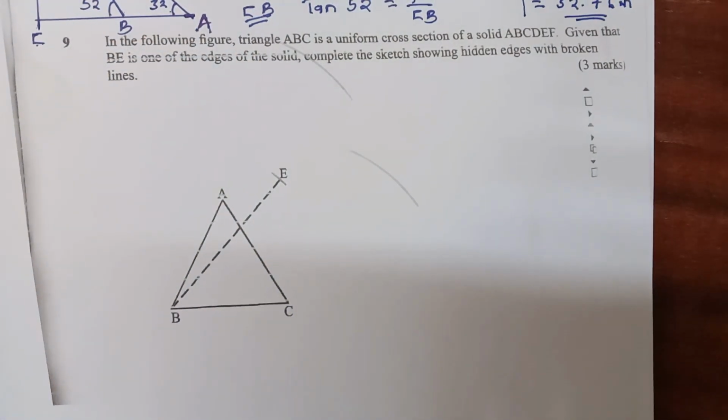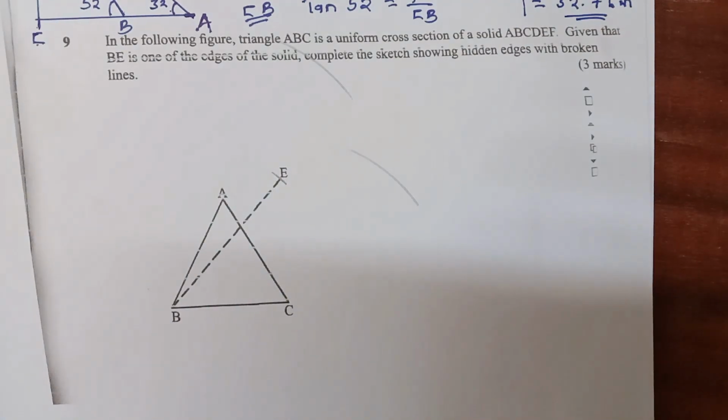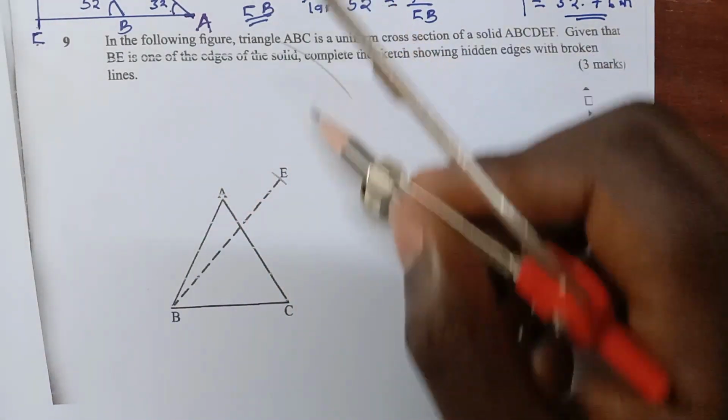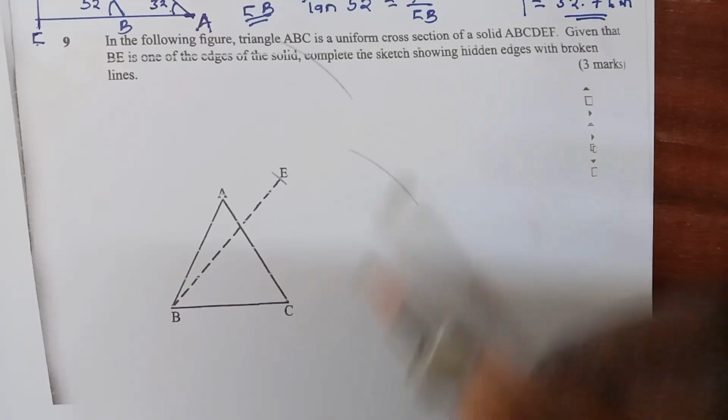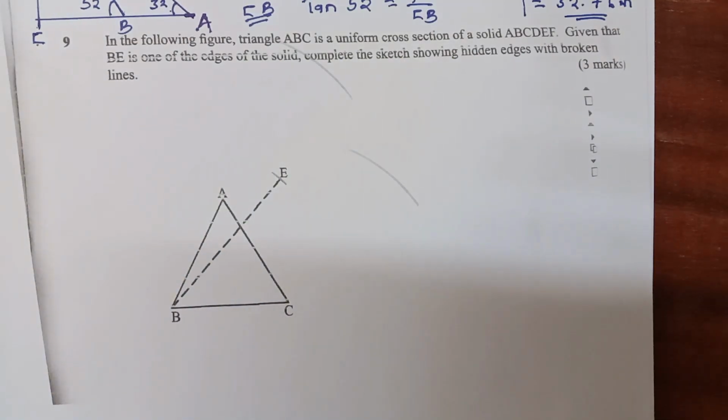Why are we doing this? We know very well that from B to E, it is the same distance from A to a certain point, then from C to the next point. So we have to transfer the measurements on both sides.